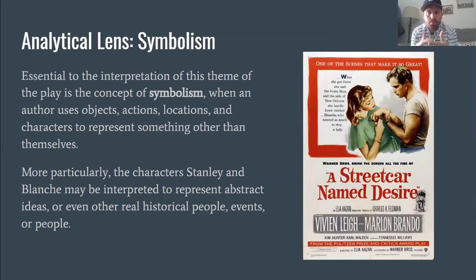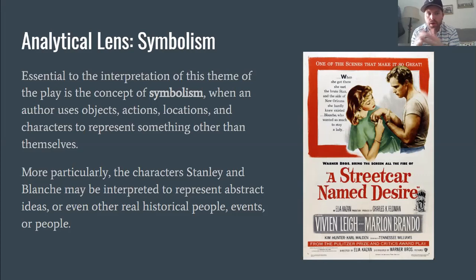So first off, I just want to explain that we will be taking a symbolic lens at the way we look at the play. So we're not looking at any of these things inside the framework of the story alone. We're looking at what they represent for our lives day in and day out. So this is essential to interpreting the theme, that you understand what symbolism is.